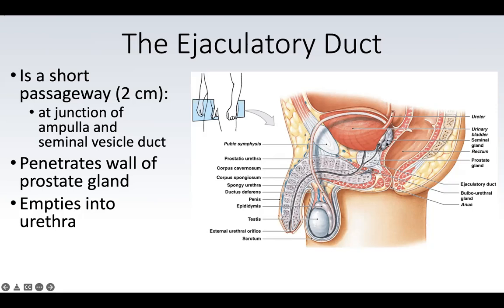The seminal vesicles are responsible for 60% of the ejaculate fluid, which is mainly alkaline, and it has to be alkaline because the vagina is primarily acidic. So it's helpful for sperm to come in with an alkaline substance so that there's some neutralization that can occur, so that it can stand some sort of chance in that acidic vaginal tract.